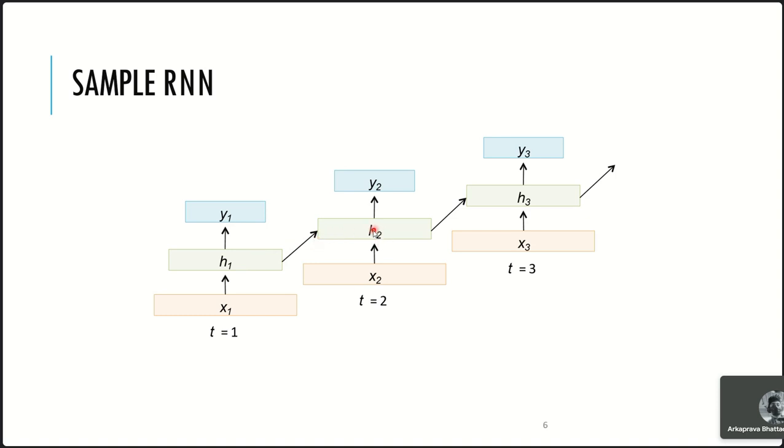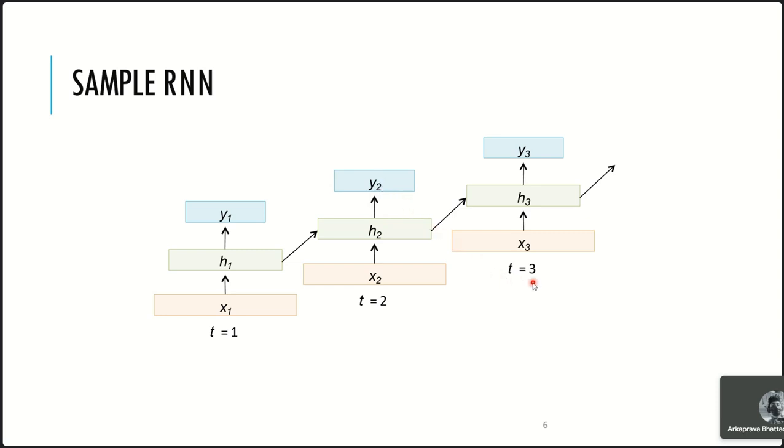So the inputs that H2 is getting are one from X2 and the other from H1, which is the previous state's output. Along with the current input, both go into H2. Some processing happens here and we get our Y2.